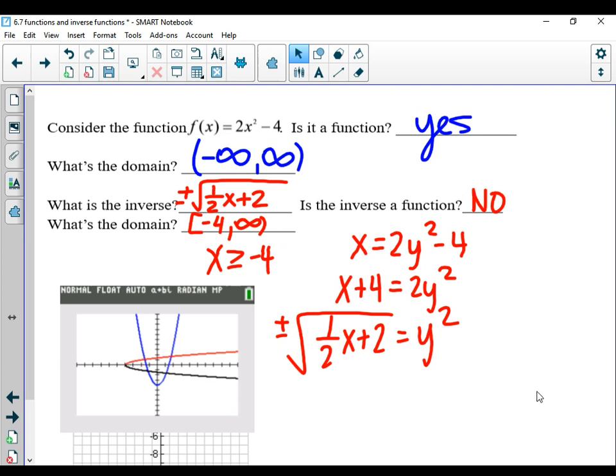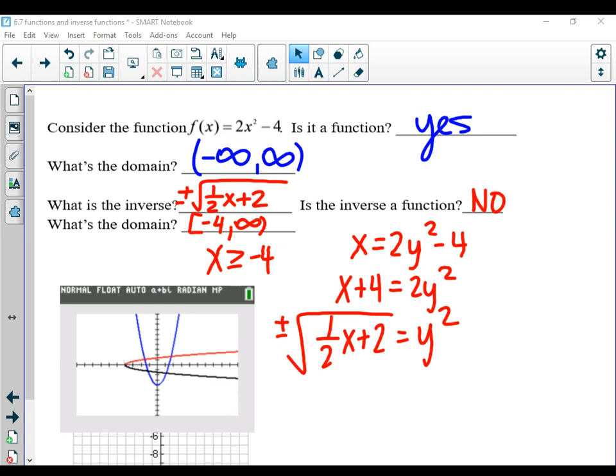Because remember, we go back to our graph, they are reflecting over y equals x. So when it flips, I know that if I did the horizontal line test and this whole graph flips, it's going to fail that vertical line test.